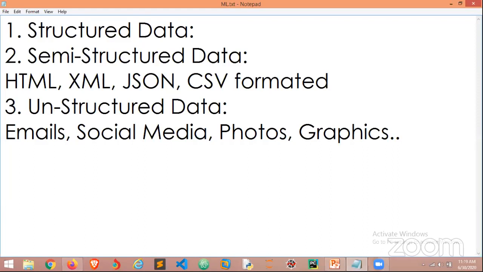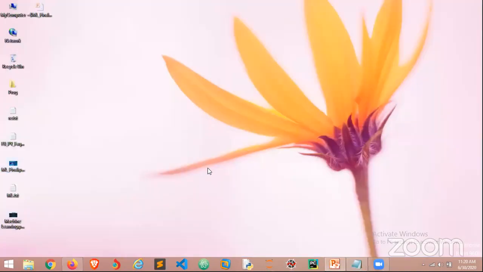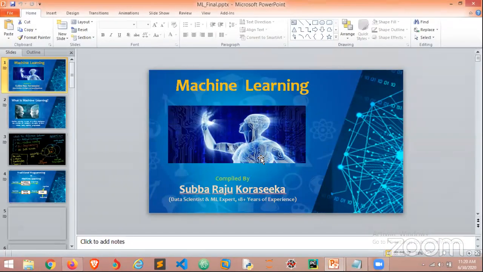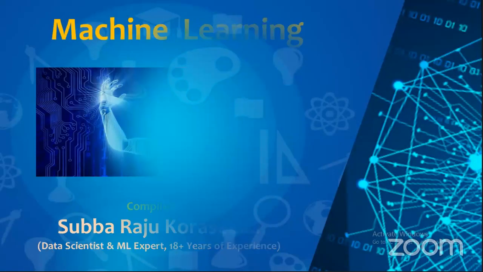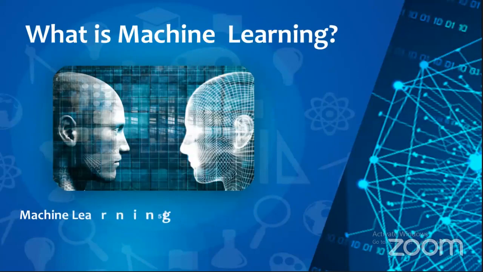But before entering into explicit programming, the importance is data. That data we can supply in three formats: structured, semi-structured, unstructured data. Before I enter into more detail, just let me speak a few realities in this area. The definition is over.